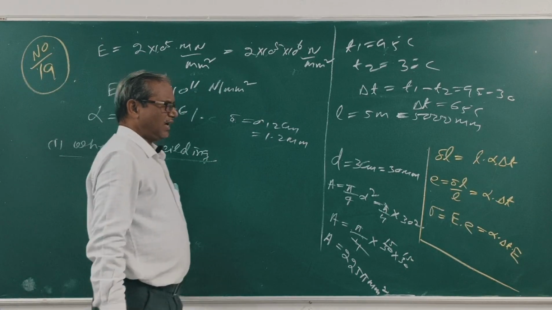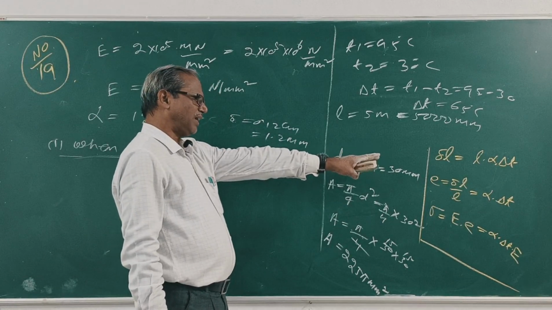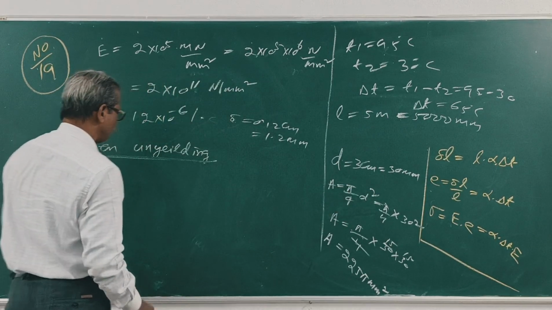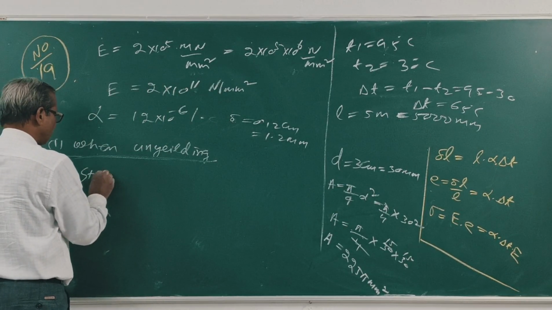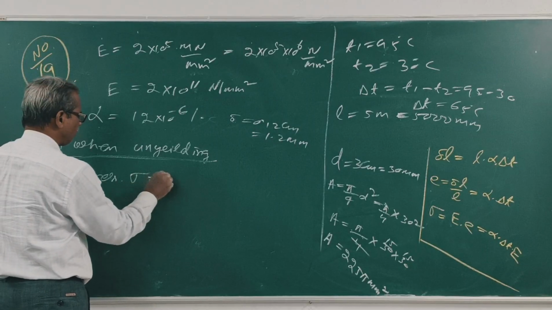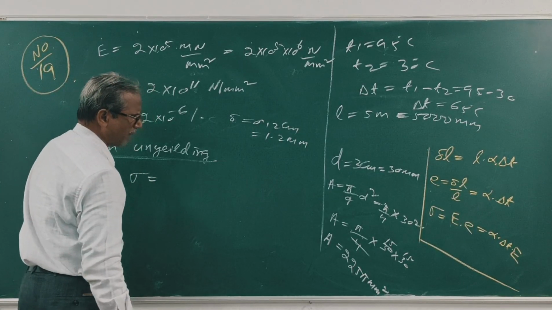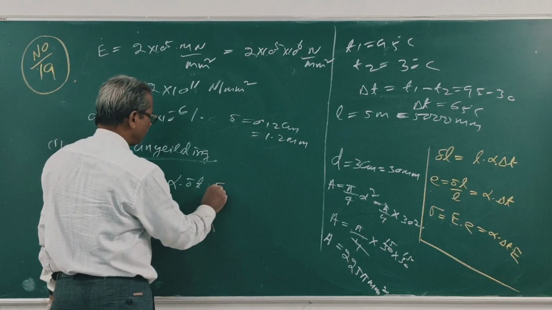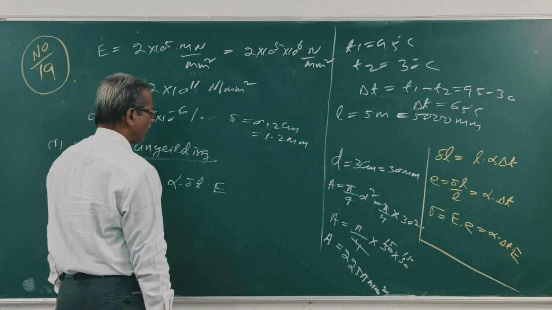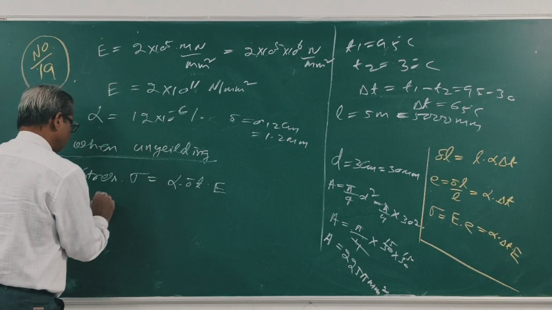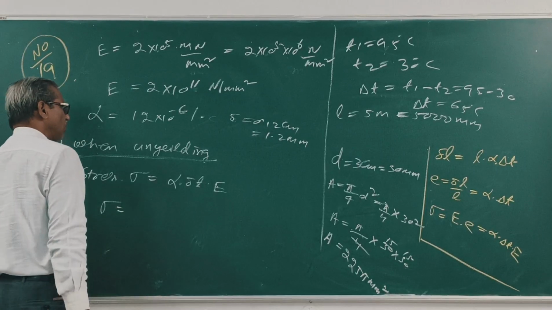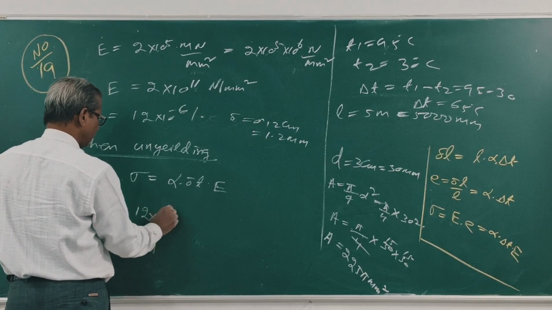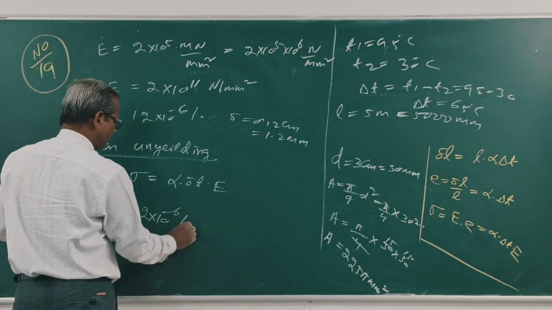Delta L is alpha delta T, strain, stress. What is stress equal to? Stress sigma is equal to alpha delta T into E. Alpha is 12 into 10 to the minus 6 per degree centigrade.